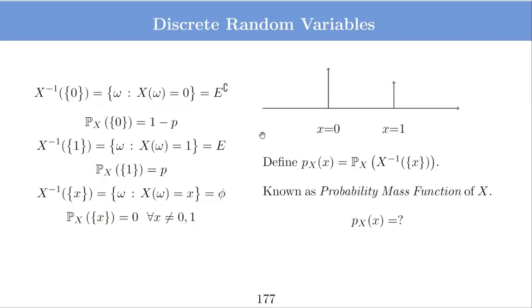Probability measure is a measure, and mass is also a measure, so sometimes people call it probability mass. That is why this is called the probability mass function, or sometimes PMF of x. And it is a property of a discrete random variable that you get this PMF.